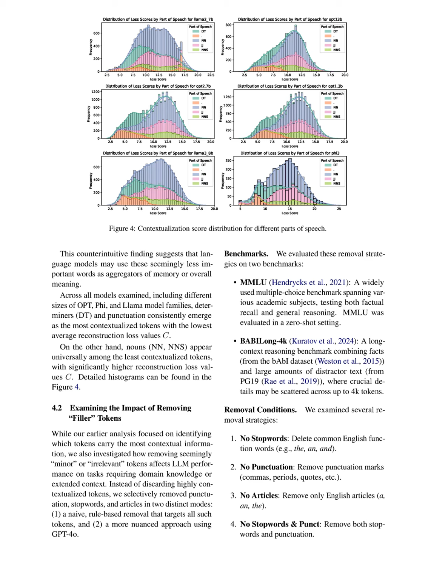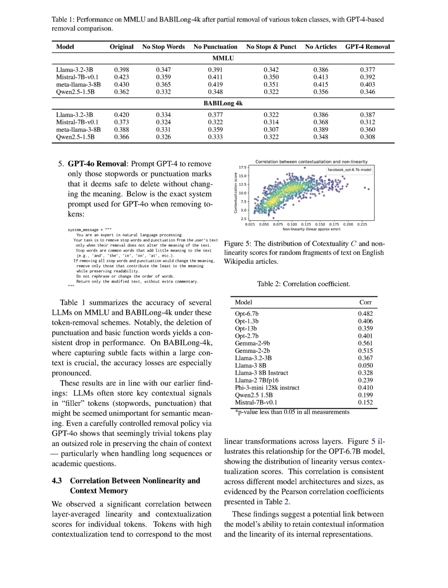LLM-Microscope revealed that removing seemingly trivial tokens, such as punctuation and stopwords, significantly degrades performance on tasks requiring specialized knowledge and long context reasoning, as evidenced by the consistent drop in accuracy on benchmarks like MMLU and BABILONG4K. Specifically, the analysis showed that even a careful removal strategy using GPT-4o led to performance losses, underscoring the hidden importance of these filler tokens in maintaining coherent context.